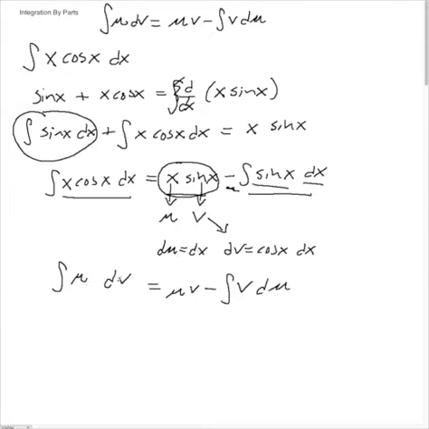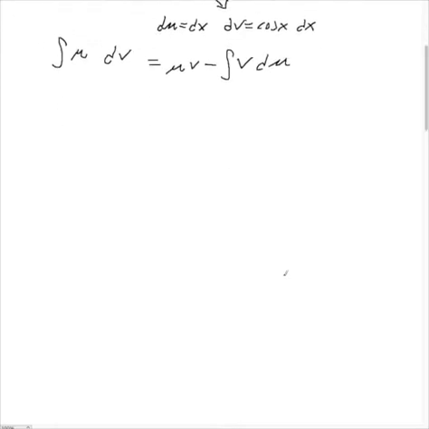So now let me just go through and actually do this problem. Let me scroll this up, get rid of that, and now I'll show you how it's actually done, pretending we didn't know the answer. So we would say this. The problem at hand is the integral of x cosine x dx.